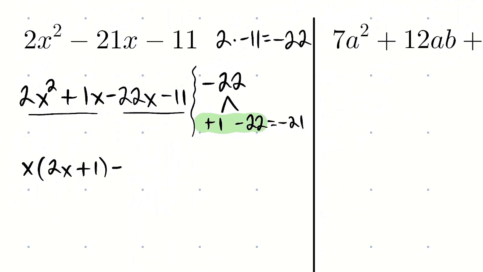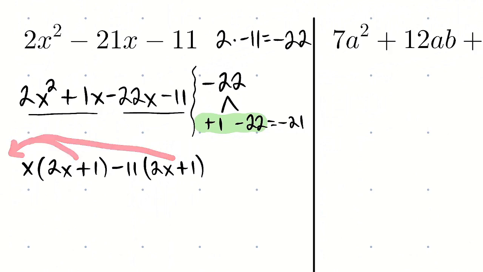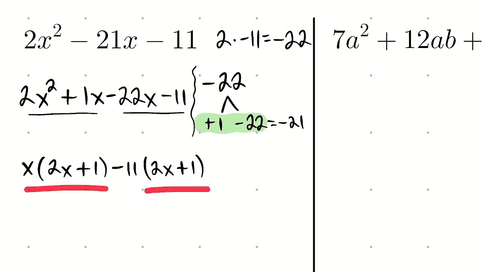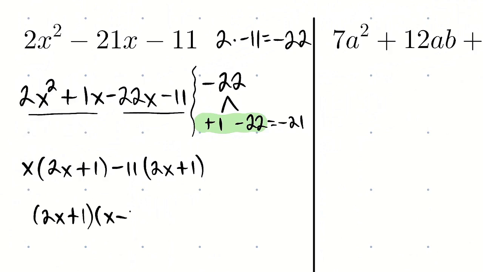So I'm going to bring out a negative 11. So that leaves me with 2x plus 1 inside of the parentheses. Now we're going to bring this 2x plus 1 out because both of these have 2x plus 1 in common. So I'm going to write 2x plus 1 parentheses x minus 11.